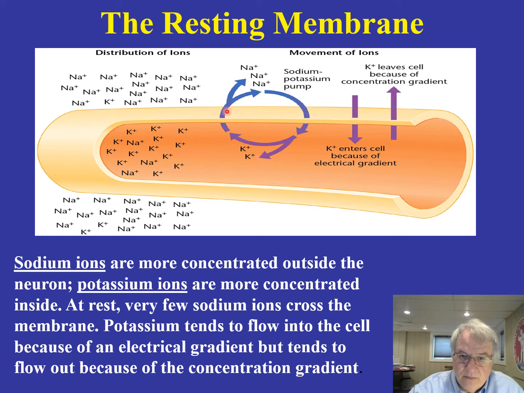Sodium leaves the cell because of the concentration gradient, and potassium is entering the cell because of the electrical gradient. So sodium ions and potassium ions are crucial during this resting state that's going to maintain this minus 70 millivolt charge that we see in the cell.